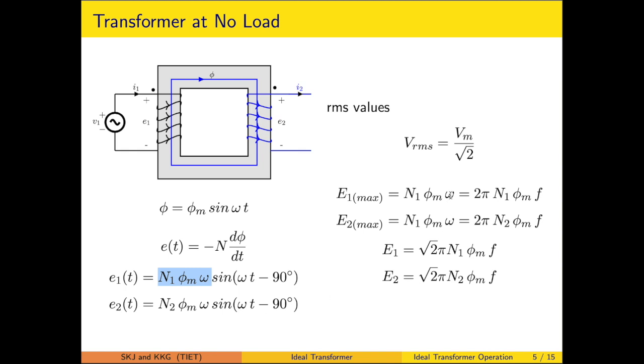Here omega is substituted, that is 2 pi f, so the expression comes out like this. When we are looking for the RMS value, it will be E1 and E2 likewise. Now the RMS subscript has been eliminated for convenience of writing, so it is the uppercase E with subscript 1 and 2 to represent the primary or the secondary winding.